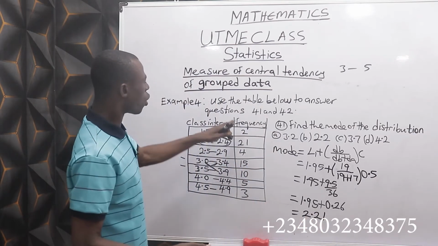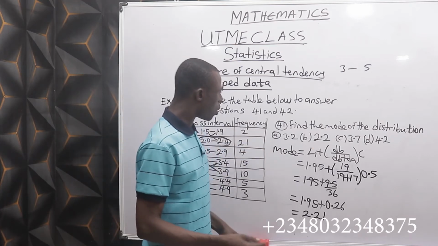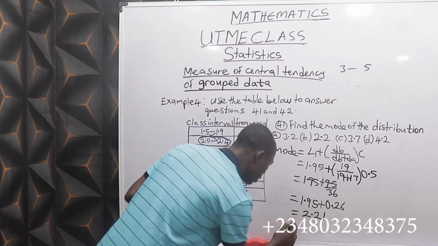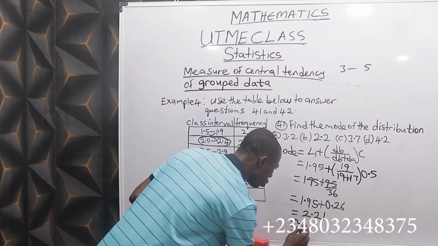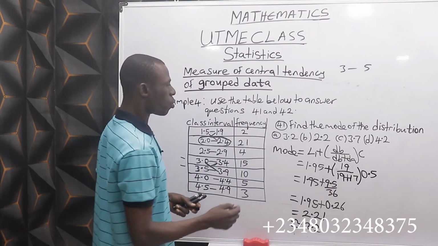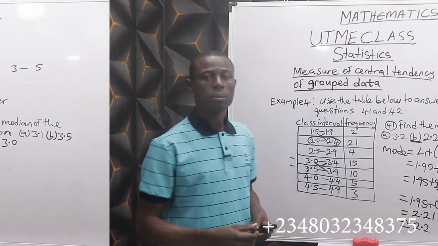Now, looking into the options, you can see that the options are given in one decimal place. So this approximately will also be 2.2, which corresponds to option B, the correct option.